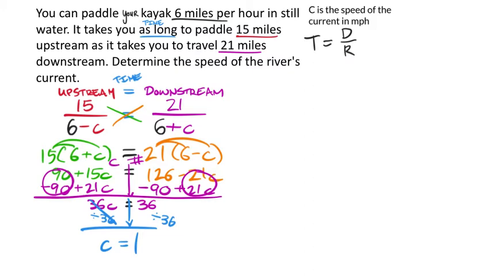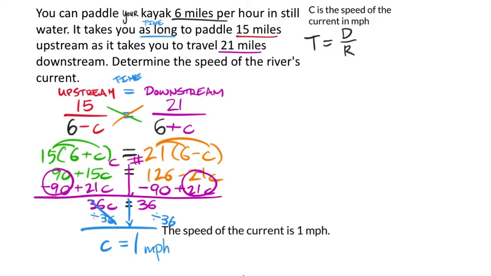C is 1. Also, at the top, we wrote that it represents the speed of the current. So the speed of the current is 1 mile per hour. Boom, that's it. Of course, if you're doing this on paper, you'd want to show 1 mph, and that's good too.